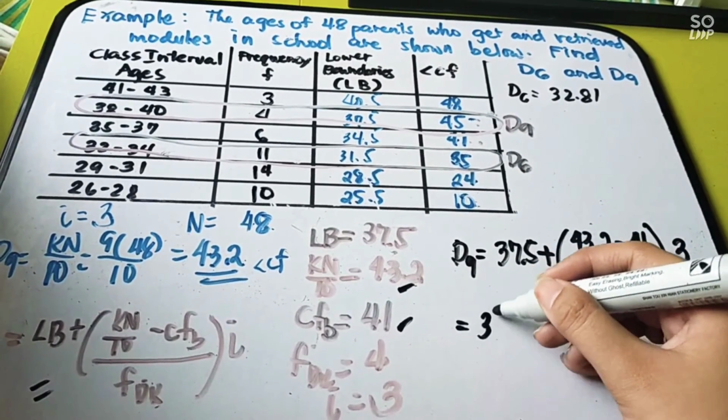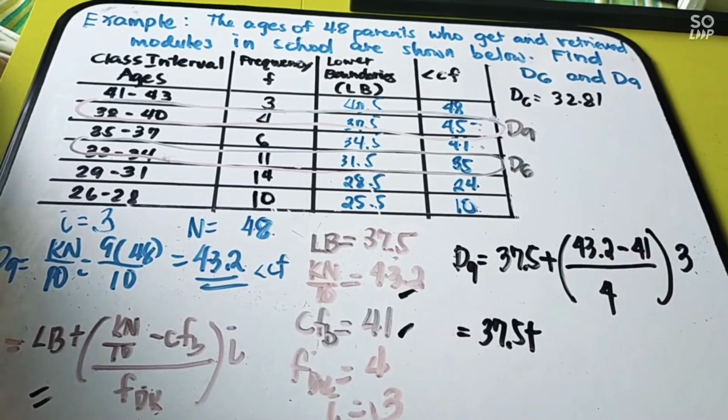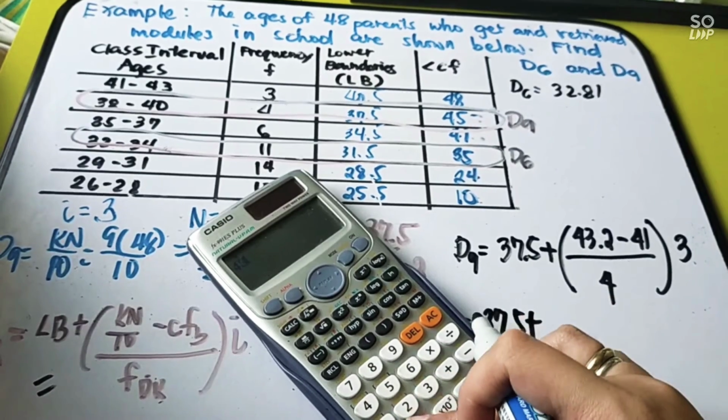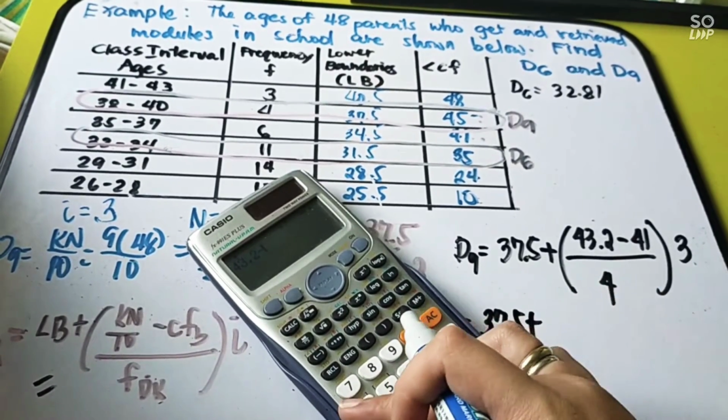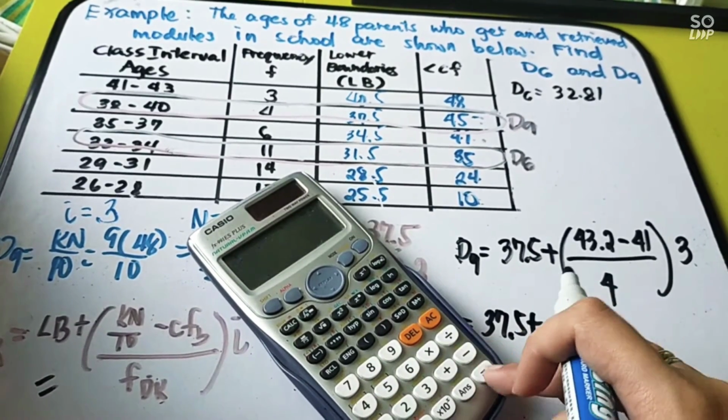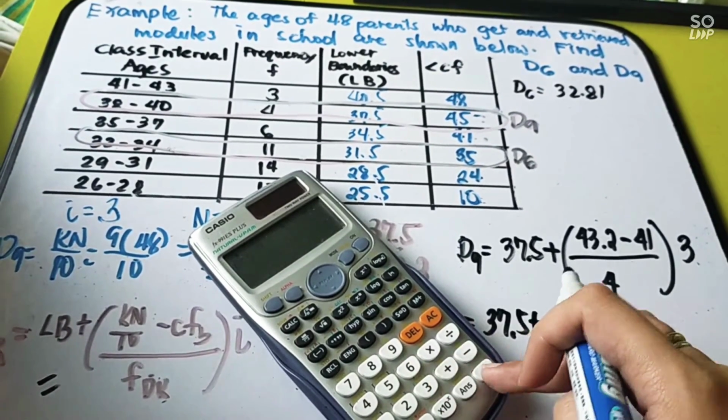So, we have 37.5 plus, let us compute again using calculator. 43.2 minus 41 equals, then divided by 4, then multiply it by 3.